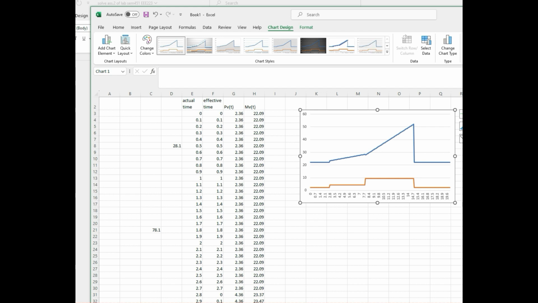Here our first period 2.8 ends at 7.8, then starts from 7.8 until 14.7. Then after that it returns back to the normal conditions. Here is 2 and here is 2.03, but here is 4.36, but here 9.36.